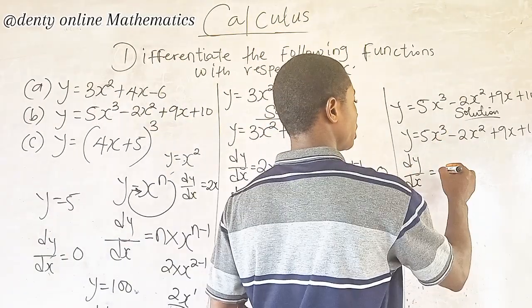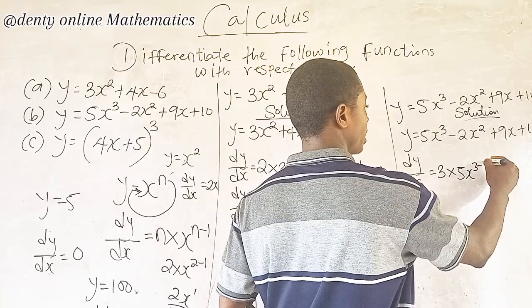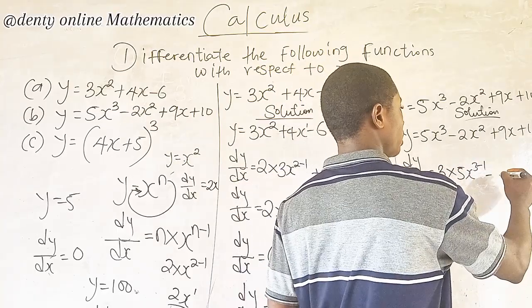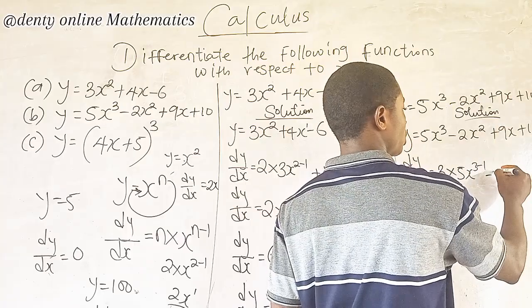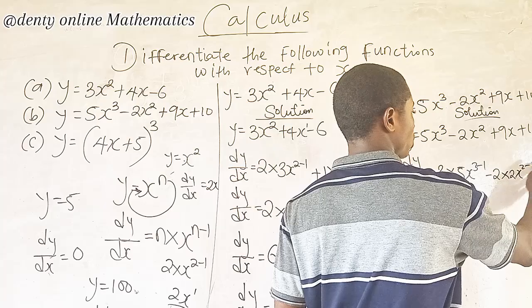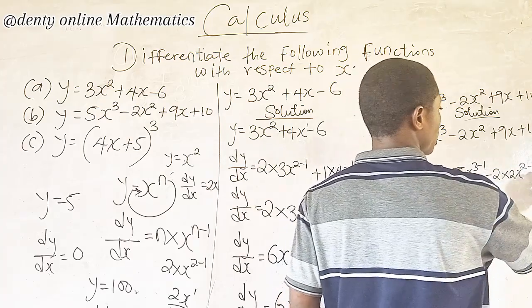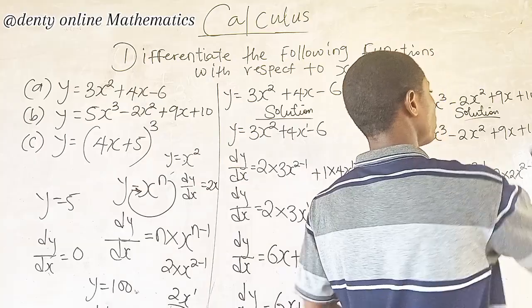So this will be 3 times 5x raised to the power of 3 minus 1. Minus 2 is here, so 2 times 2x raised to the power of 2 minus 1, plus, there's an invisible 1 here.